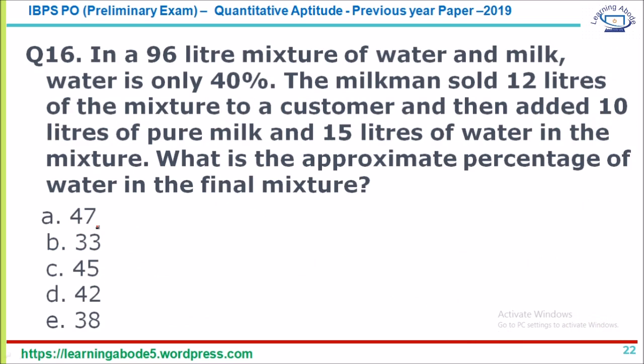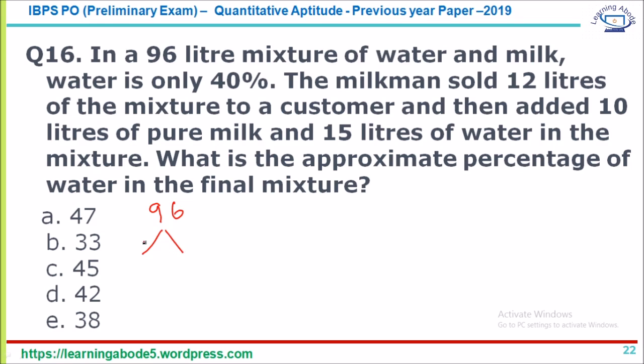In a 96 liter mixture of milk and water, water is only 40%. The milkman sold 12 liters of mixture to a customer and then added 10 liters of pure milk and 15 liters of water in the mixture. What is the approximate percentage of water in the final mixture? See, first it is 96 liters, right?